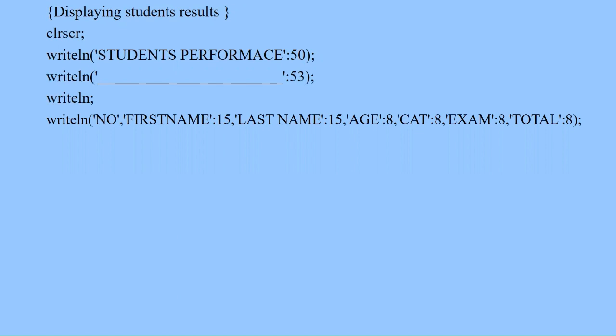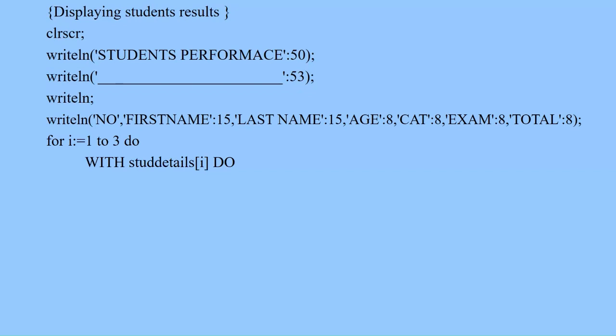Then we have the following headings: number, first name, last name, age, cut, exam, and total, formatted or spaced as follows. Then we have our for loop. For, we initialize I to 1, to 3, do, then check if the value of I is less than 3.